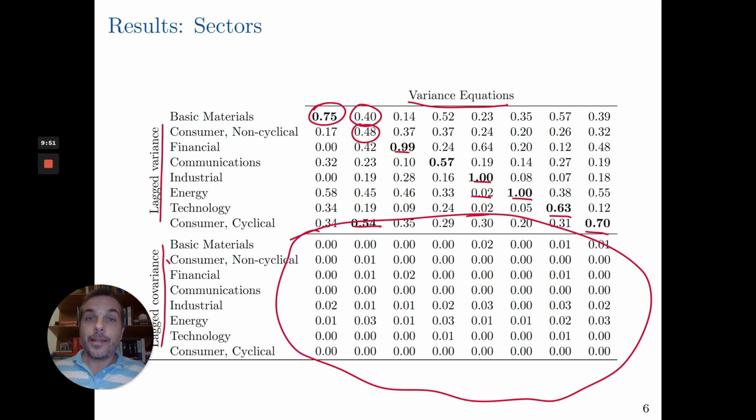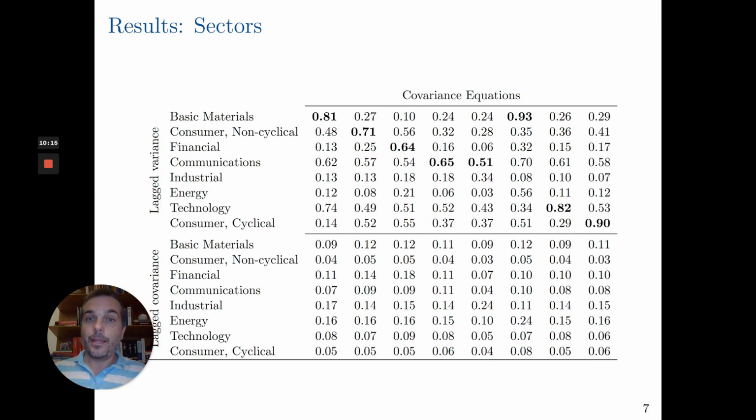Okay? Now, let's look the other way around. Let's take as a dependent variable the covariances. And let's see how past variances and past covariances affect current and future covariances, the off-diagonal elements. And surprise, surprise, what we see is that variance affects covariance.